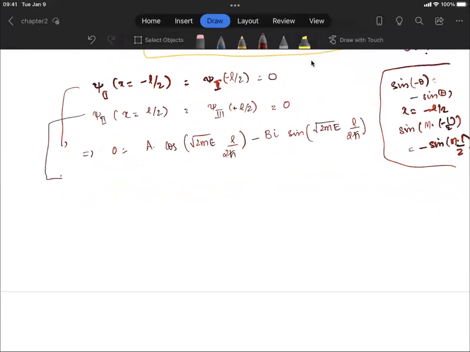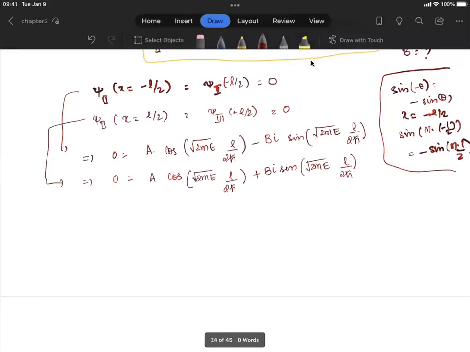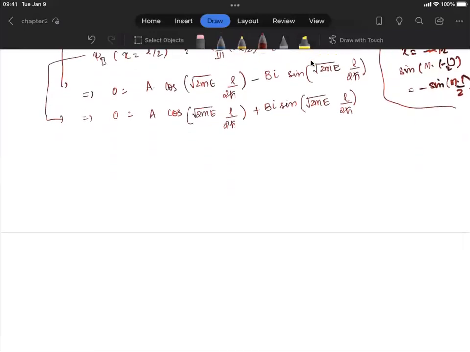Now, similarly, this will give me... Now if I, let me actually call this equation 1 and call this equation 2.